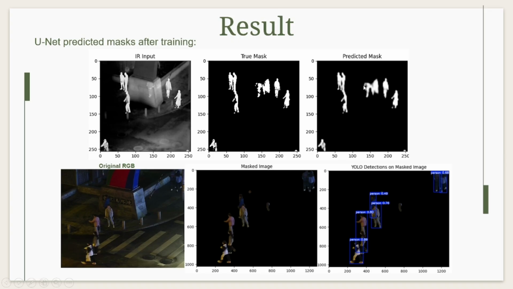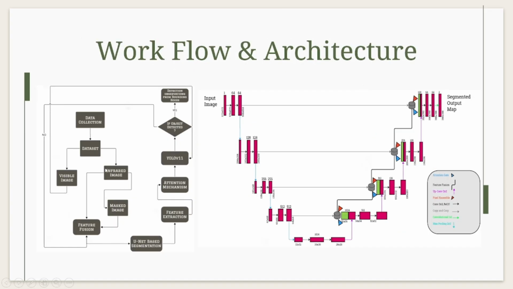Then it gives the attention mechanism as mentioned here, which will not leave any relevant information that is completely focused or completely important. This attention mechanism carries the important and relevant information to the detection head, which is of YOLO. YOLO has three layers.